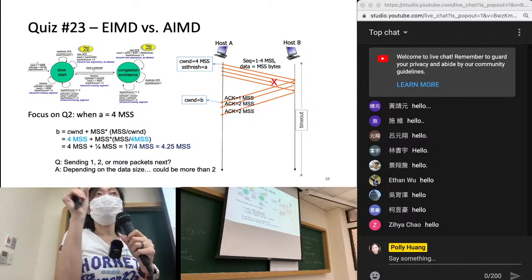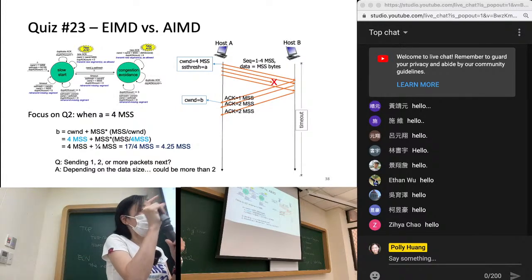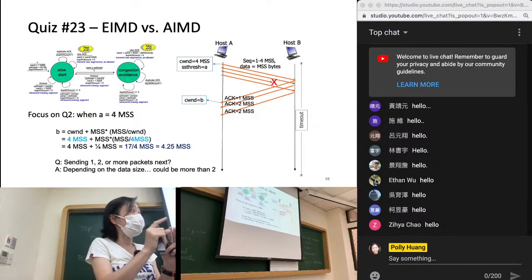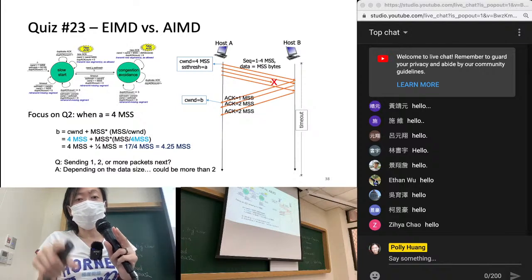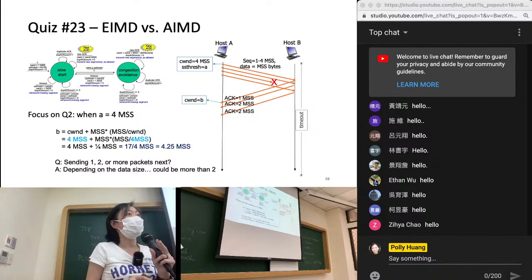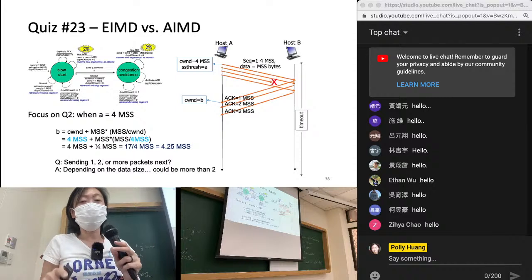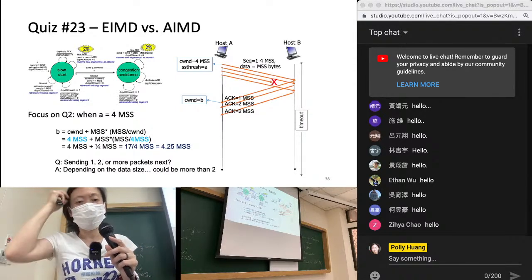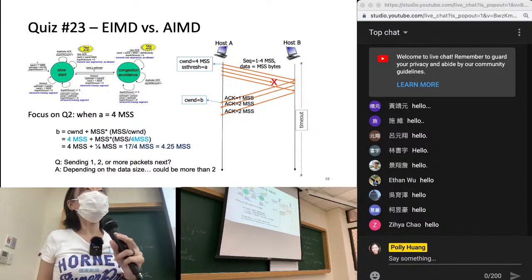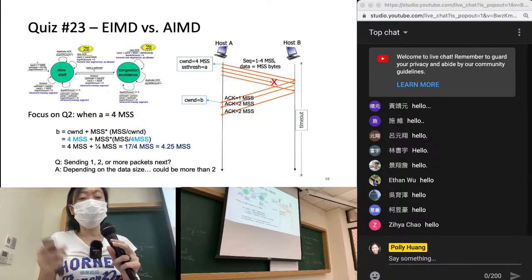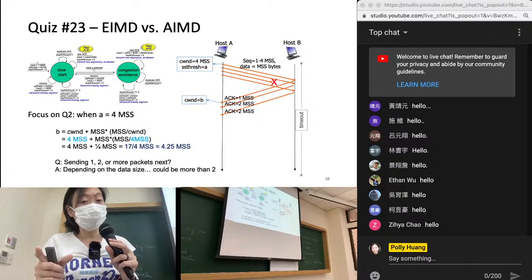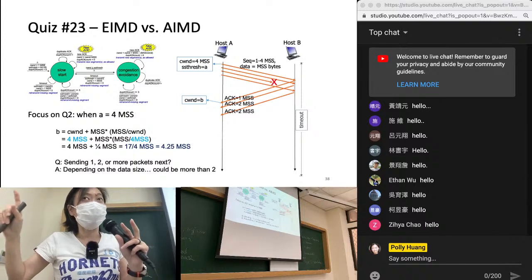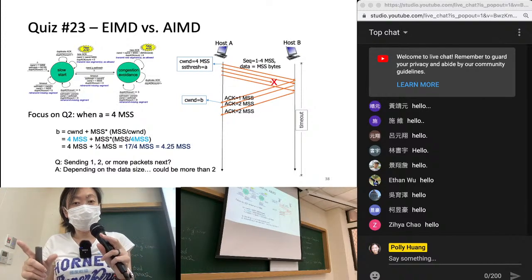If we have a small amount of data to send, we could actually send like 3, 4, 5 packets as long as the sum of the bytes is below 4.25 MSS. So the number of packets we can send next really depends on the application. But if we assume that all the packets going out need to be in maximum segment size, then we can only send one, because 0.25 is not big enough to send a whole packet, right?